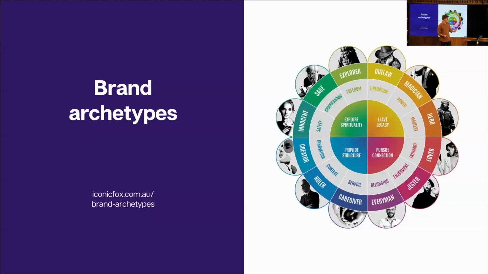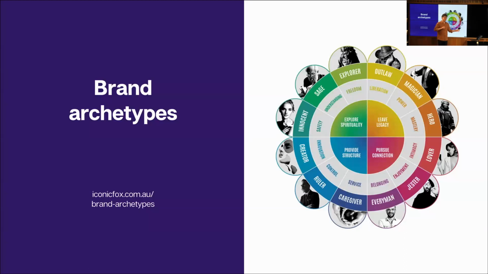The idea is that you start somewhere in the middle and move your way out. If you have a non-profit organization that is empowering a certain group of people, maybe your goal is to provide structure, and it might make sense that your product is actually a service. Therefore, the caregiver is a good fit for your brand archetype.